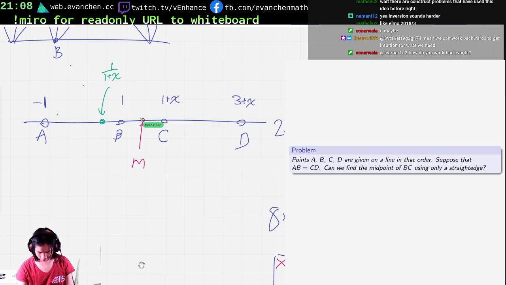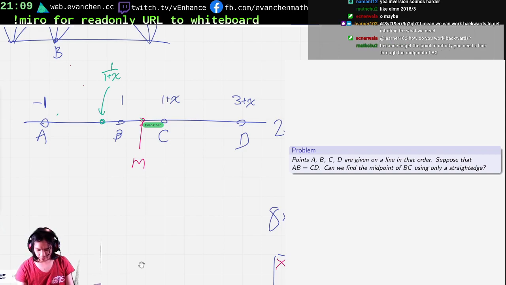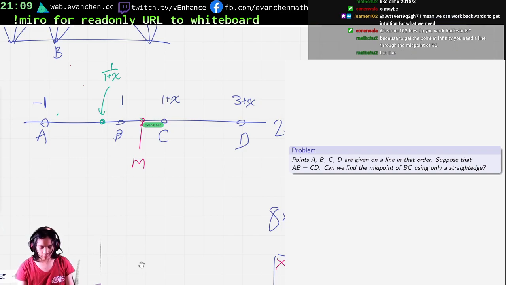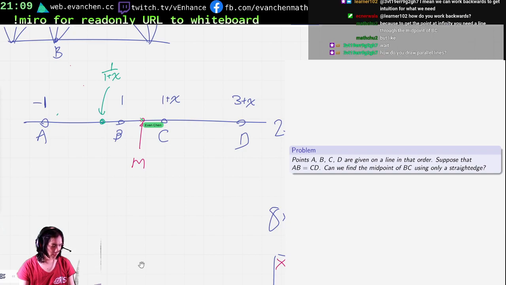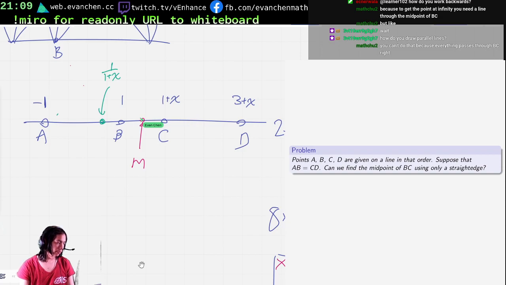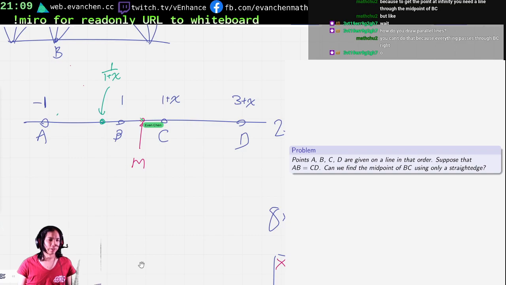So in particular, constructing that midpoint is equivalent to constructing any of the midpoints, actually. If I can get the midpoint of AB, I can draw a parallel line so I can get any other midpoint I want. I just want something that's parallel, right? I'm just saying it's equivalent to that. So the midpoint of BC is not particularly special. The problem is essentially just saying construct any line parallel.